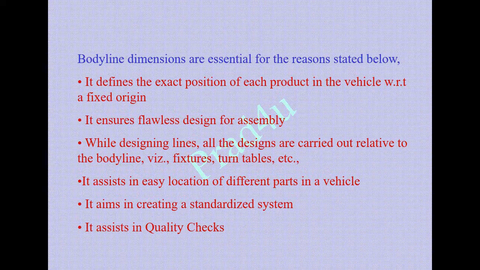If the part coordinates are given, there will not be any chances of clashes, intermixing or interferences. So this is the main requisite for body line dimensions. It ensures a flawless design for assembly, and a very smooth assembly for its kinematics, operations, simulations, and all these things.